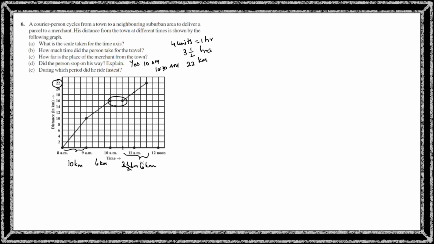So if you see per hour, okay, you will see that in the first 1 hour he has traveled maximum distance. Okay, so the answer is between 8 a.m. and 9 a.m. he has traveled the maximum distance, which is 10 kilometers, right? So that is your 6th question.